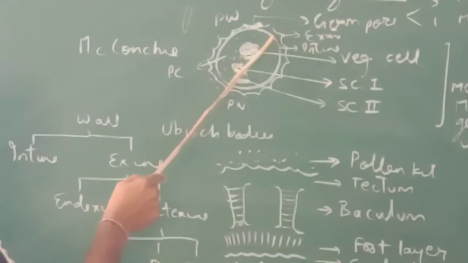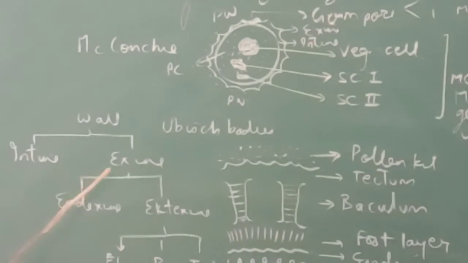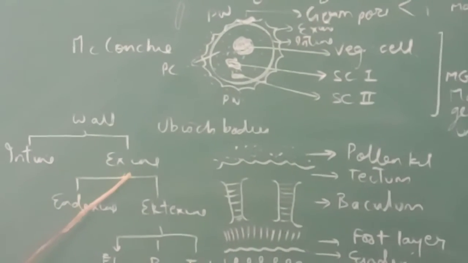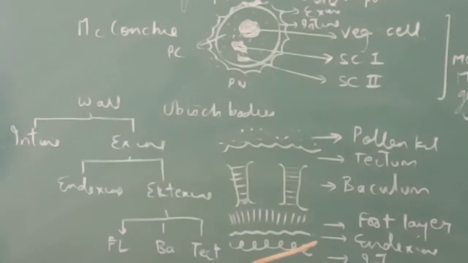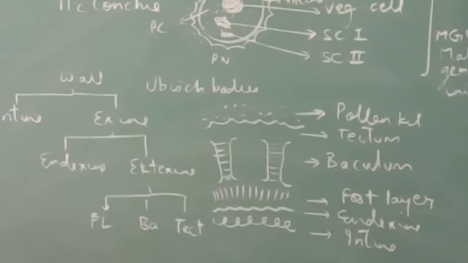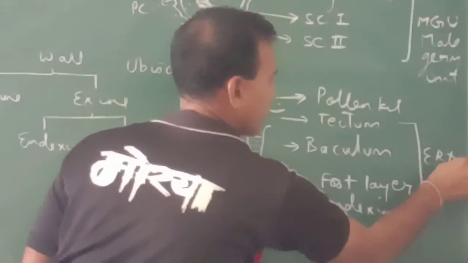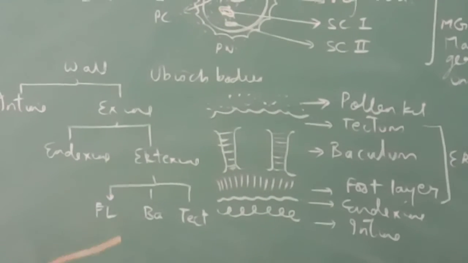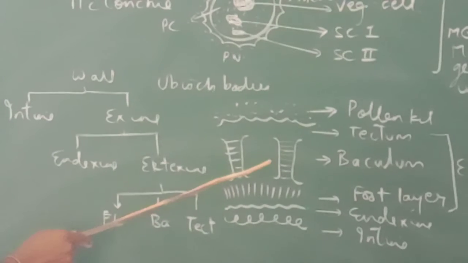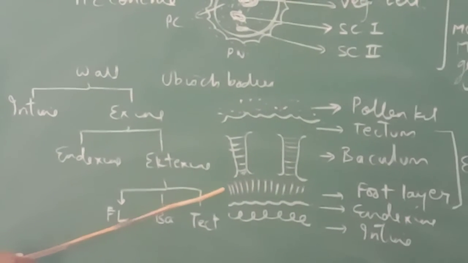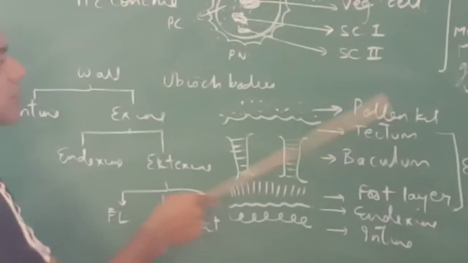Now, enlarging this wall, we find inner intine and outer exine. Exine is further made up of 2 layers, endexine and ectexine. This entire structure is the ectexine. The ectexine is made up of column-like structures known as bacula, which extend down in the base making the foot layer, and on the upper side it makes the tectum.